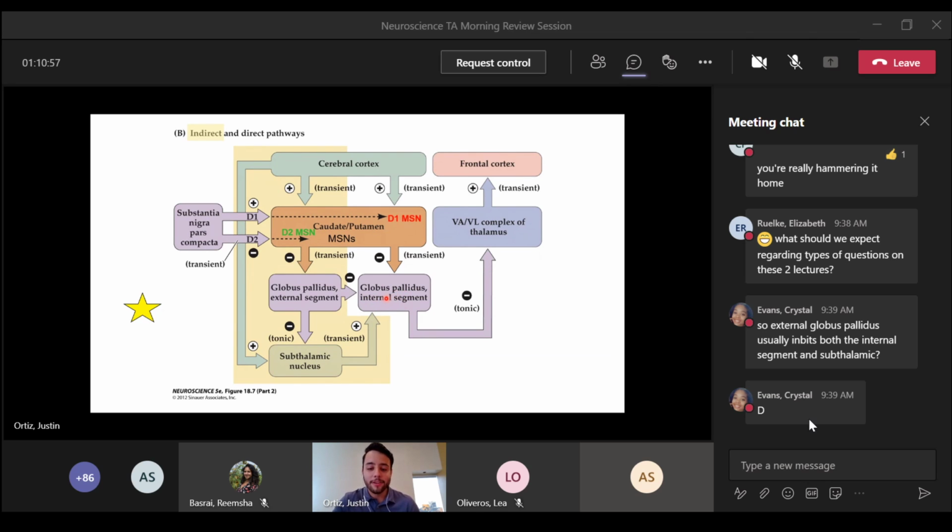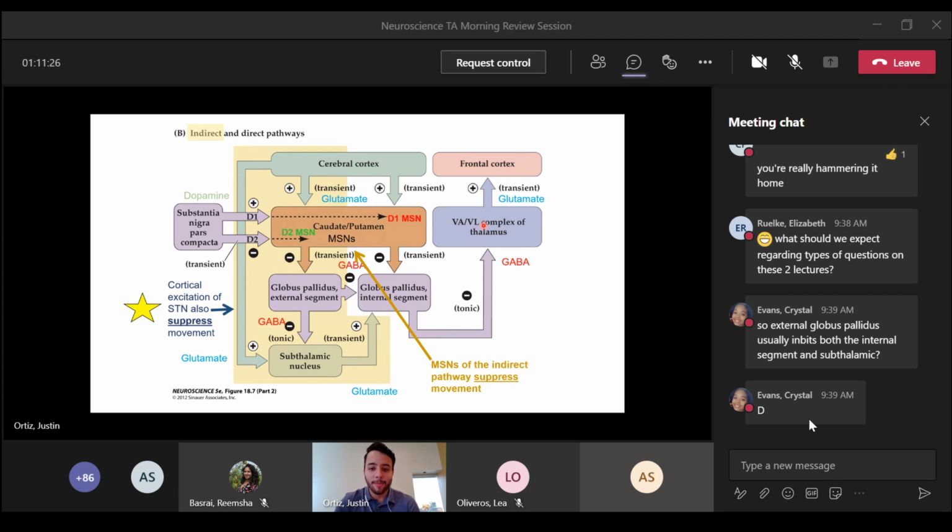The globus pallidus internus is not inhibited by the globus pallidus externus, so it leads to even more excitation of the globus pallidus internus. Now the globus pallidus internus is like, I'm ready to go, I am super excited. Nothing is inhibiting me, literally nothing. So the globus pallidus internus does what it normally does and leads to inhibition of the thalamus and inhibitory signals to the frontal cortex, thus inhibiting movement, right?